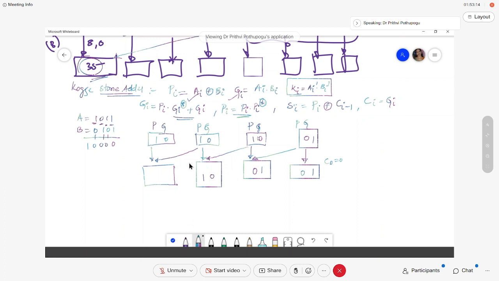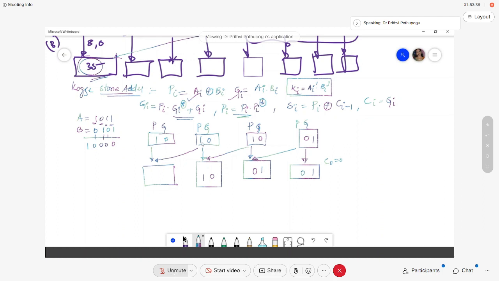This is present P of I, and this is Gi star. Previous will be Gi star. So these two, if you group together, that is 1 only: 1 or 0. Here, why are we getting 0?